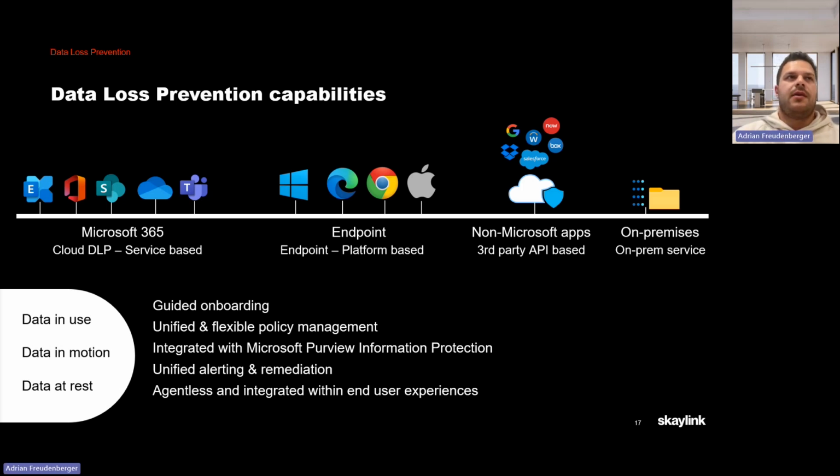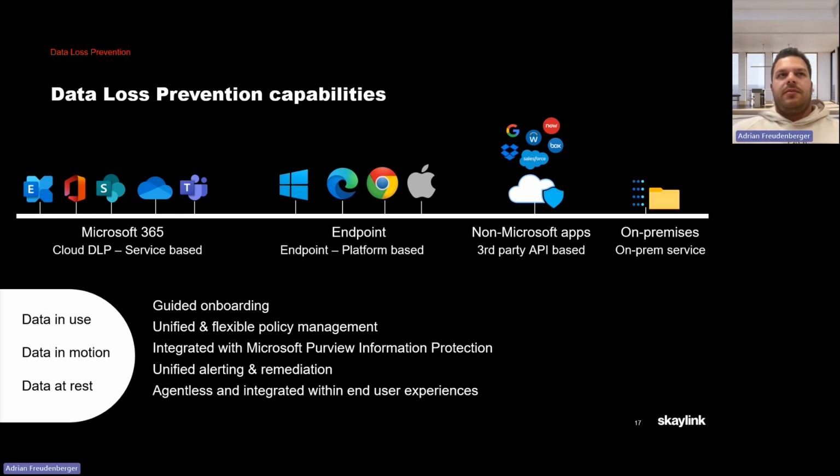So maybe you got a file that is labeled confidential and it isn't allowed to be copied to a USB device. But if you have a file that is labeled public, it's allowed to be copied to a USB device. So for me, a really great technique.